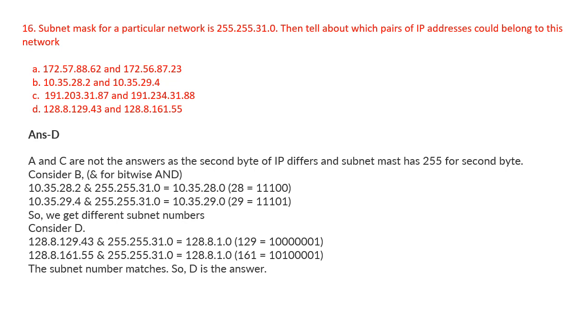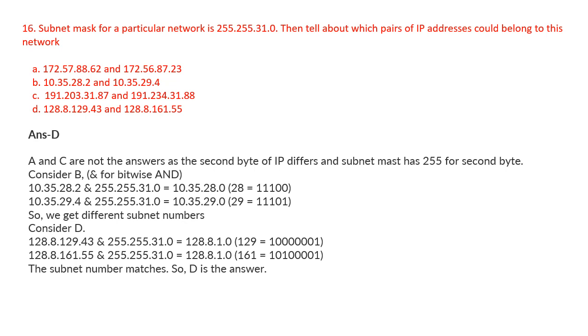A we can discard easily because the first two octets are already 255, so the first two octets of the network ID would be 172.57 and 172.56. So this is not possible.